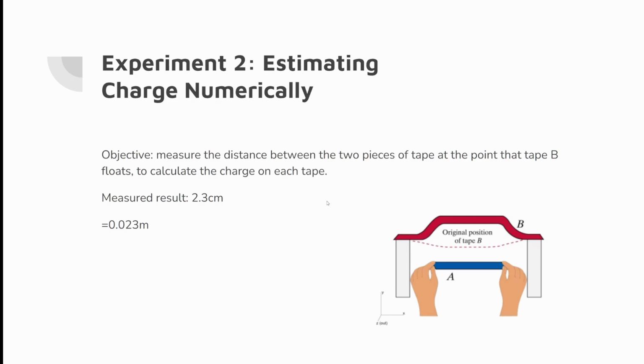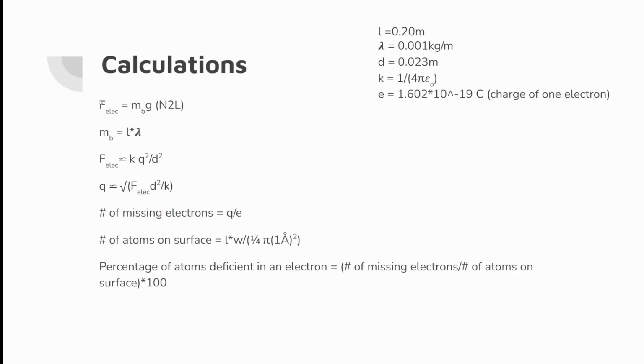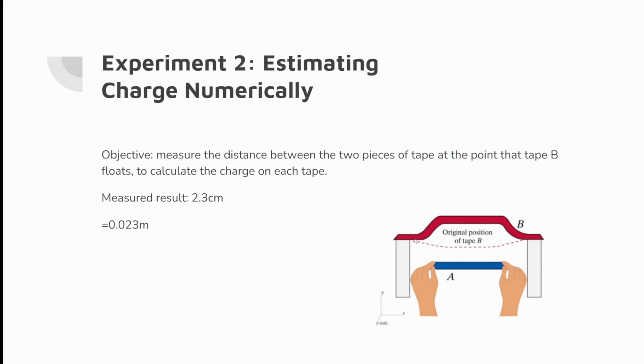So numerically, all we need to do is get the distance between tape A and tape B, and the measured result was 2.3 centimeters. Using this, we can calculate the electric charge, the electric field force, by using the fact that tape B is floating.